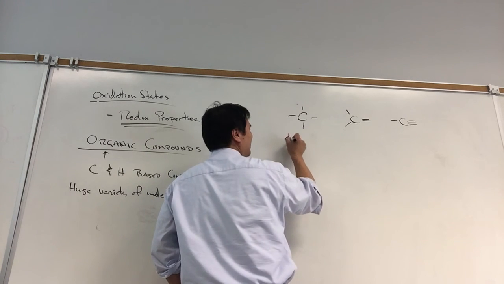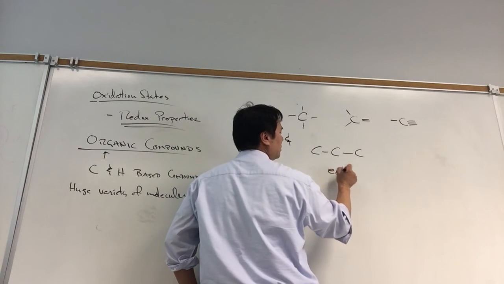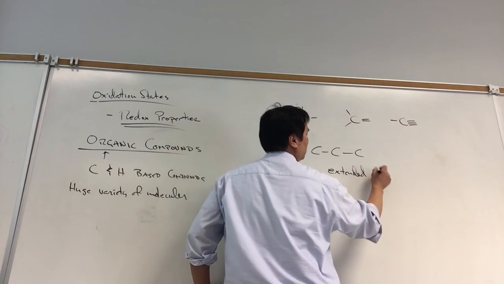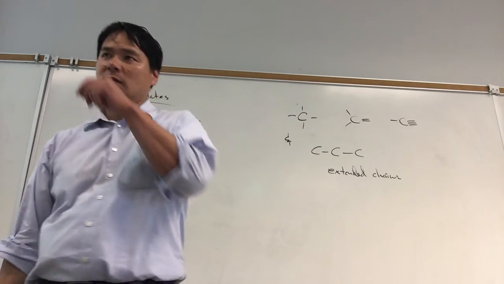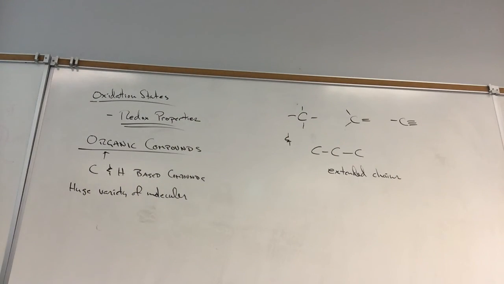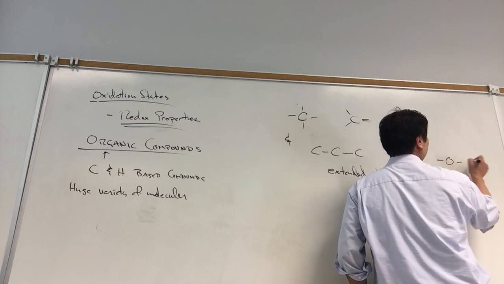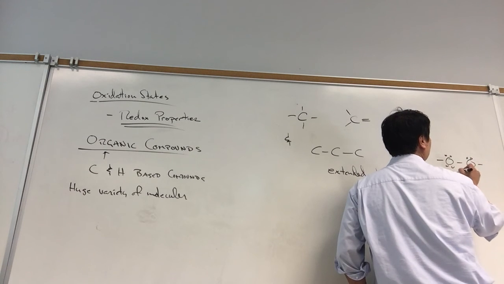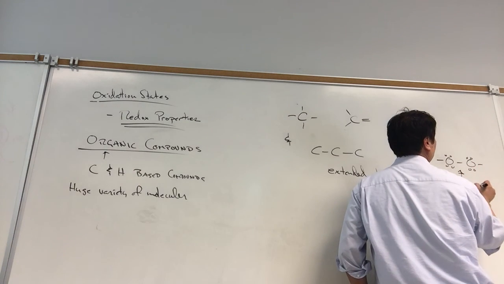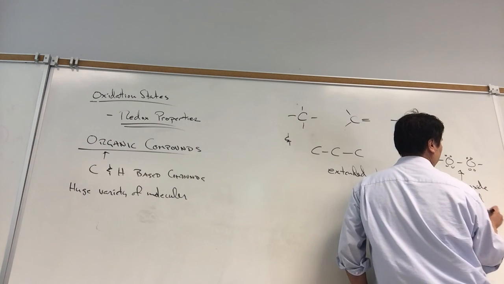And the other reason is this. Carbon can form chains, extended chains. Some elements don't like forming chains. One element in particular is oxygen. Oxygen doesn't like to form chains. In fact, if we compare this to oxygen, this type of bond is called a peroxide bond. And it's very unstable.